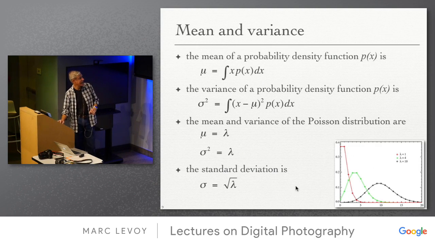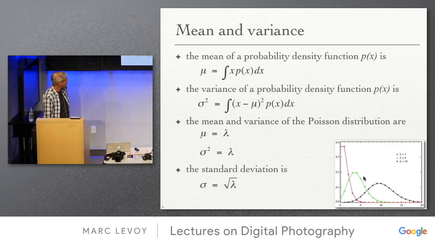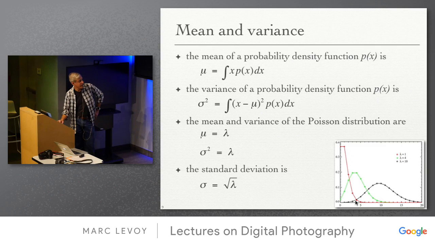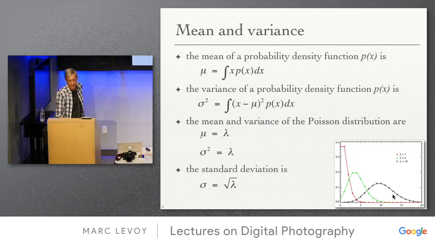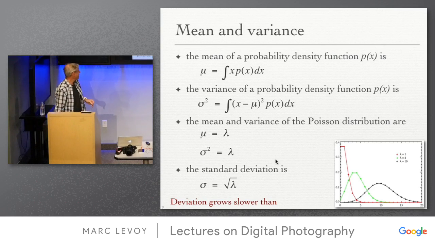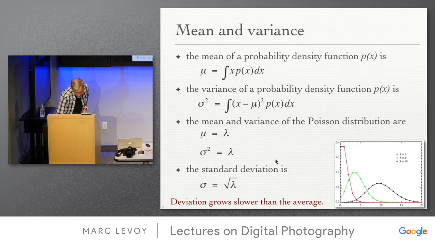And you can kind of see that here. As I increase lambda, the peak of these curves is moving to the right, and the shape of them is changing as well. The square root of lambda is not changing as fast. Okay. So the deviation grows slower than the average.